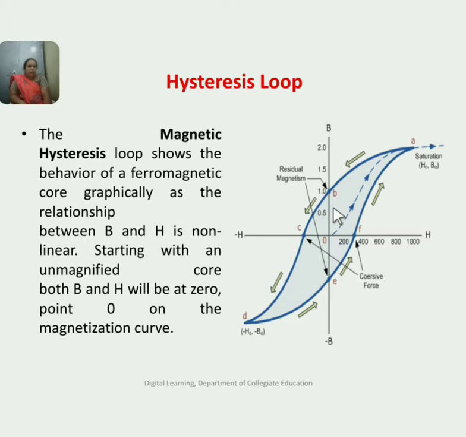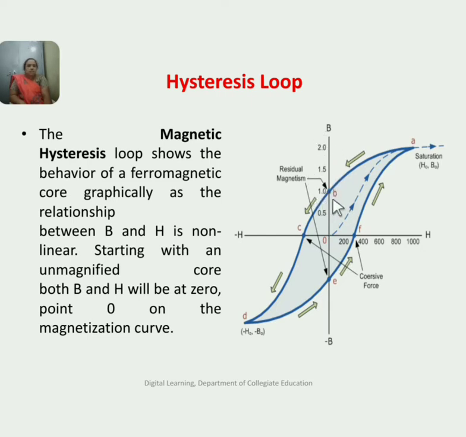The coil magnetic flux will not be 0. Why? Because of the residual magnetism which is present within the core. That's why B has some value. It does not reach 0. This point is represented by B. At this point B, H becomes 0, but B has some value.